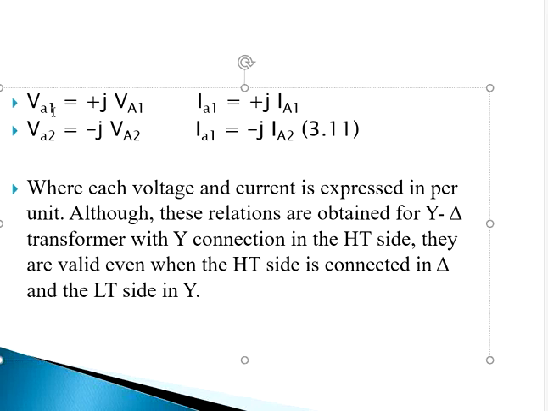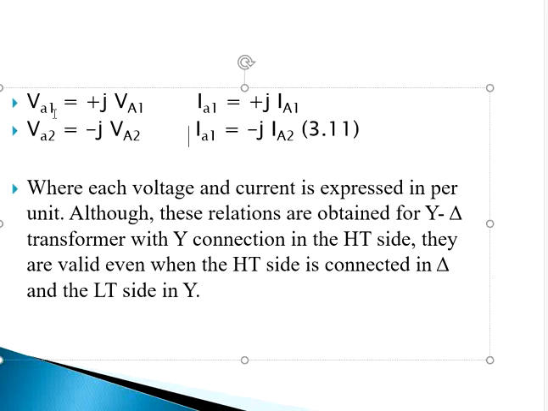That means the positive sequence component in the delta connected system is equal to plus 90 degrees of the VA1 positive sequence component on the star side.